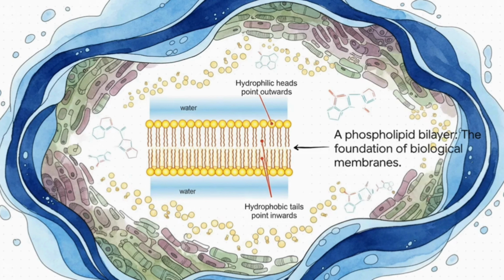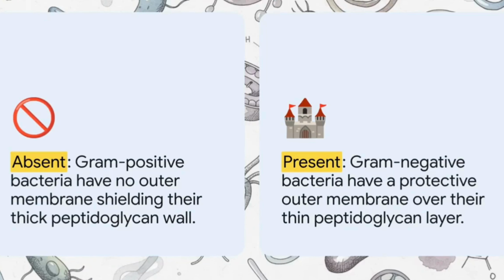Now remember this, because gram negative bacteria have an extra outer membrane on top. Think of it like this: one building has a single wall, but another has an outer wall plus inner protection. This is a much stronger defense system, and this explains Gram's result.